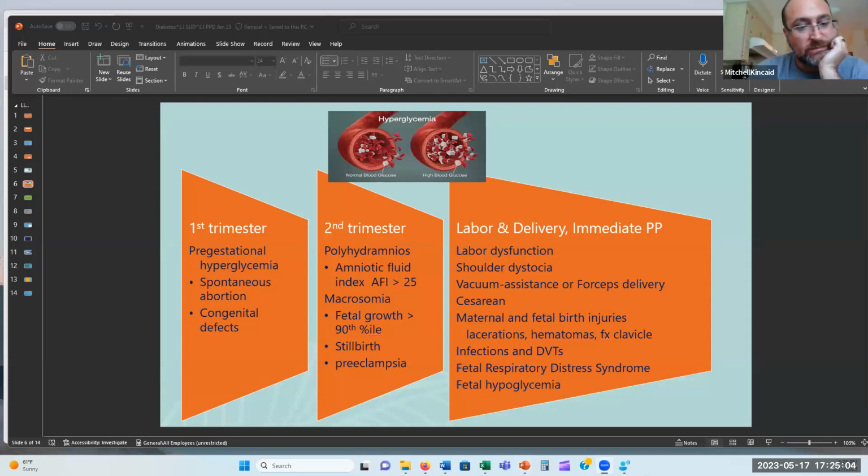I know insulin needs to be reduced during the first trimester, but if she's hyperglycemic in the first trimester, yes. If we have a client that is a type 1 or type 2 diabetic and they are hyperglycemic in that first trimester, we're going to be concerned about congenital anomalies.